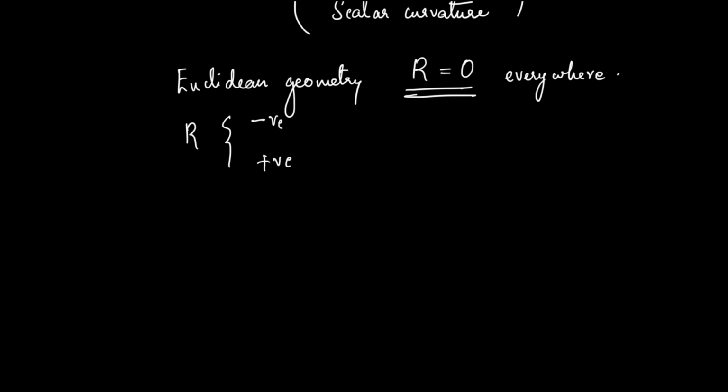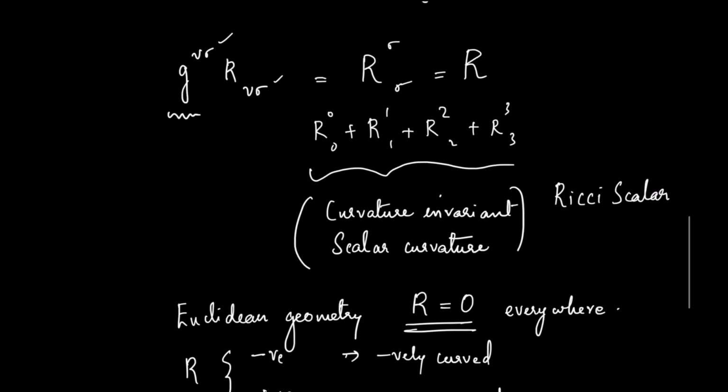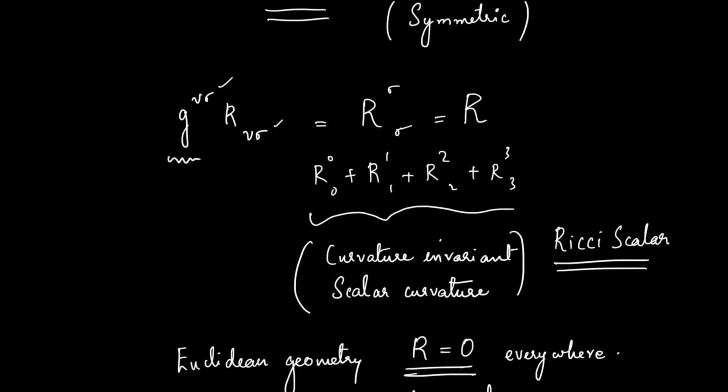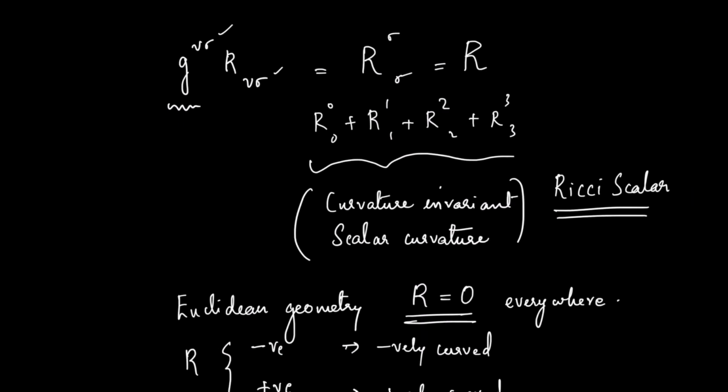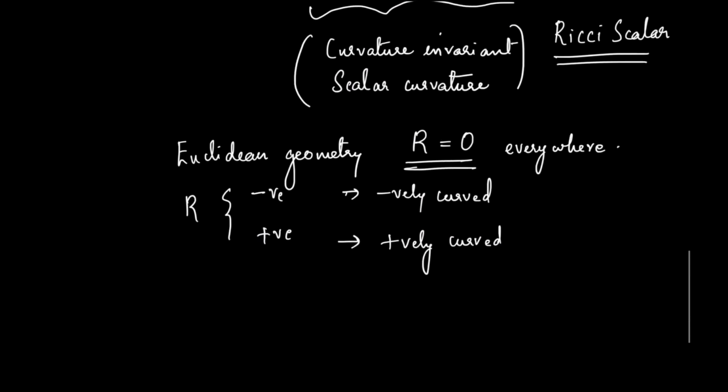Otherwise, if R has some value, it can be negative or positive, which means the associated curvature will be negative or positive. If R is negative, the space will be negatively curved. If R is positive, the given space will be positively curved. If R equals 0, it is a flat space with no curvature. That is the importance of the Ricci scalar: it tells you not only whether it is curved or not, but also whether it is positively or negatively curved.